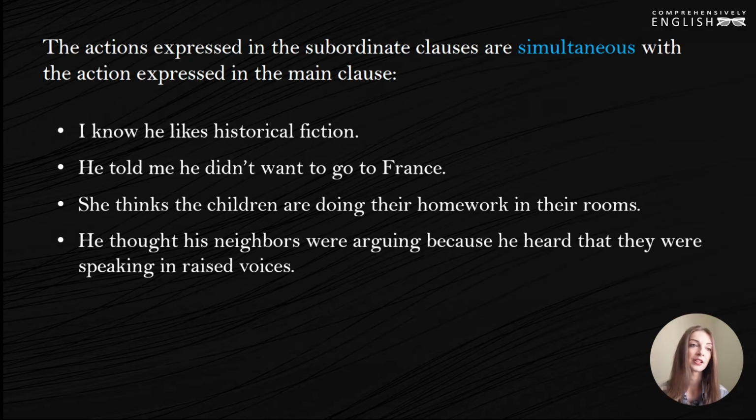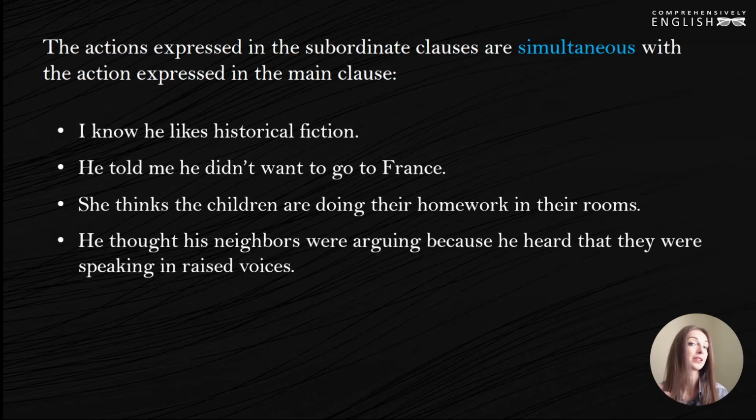It's a process in the past, but at that very moment when he thought that they were arguing, and he heard it at the same moment, he heard that they were speaking in raised voices. So everything was going on simultaneously, but these actions are of different aspects because some of them are processes, whereas others are mental states.